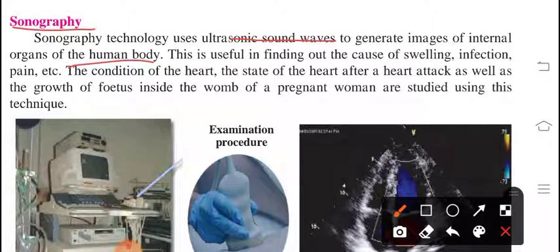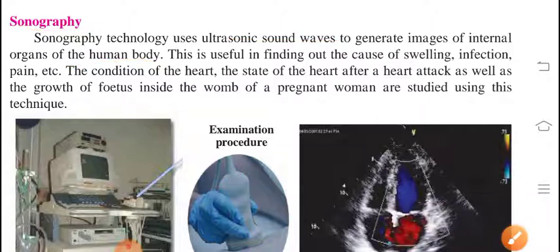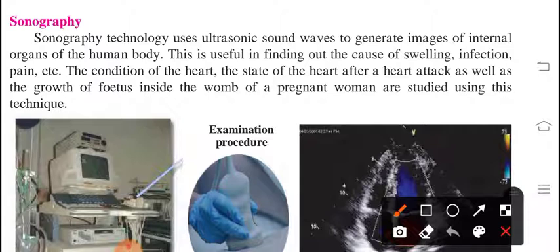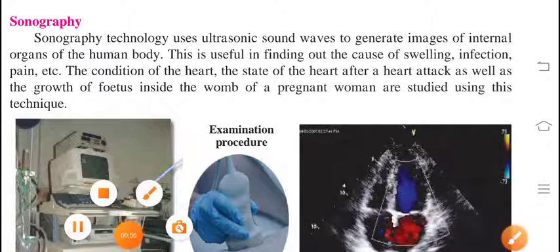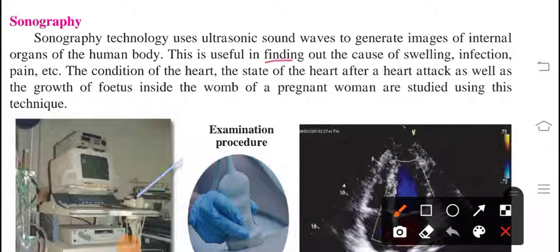What is the use of sonography? It is a technology to use ultrasonic sound waves to generate images of internal organs of the body. This is useful for finding out the cause of swelling, infection, pain, etc. You can ask your parents also about sonography.